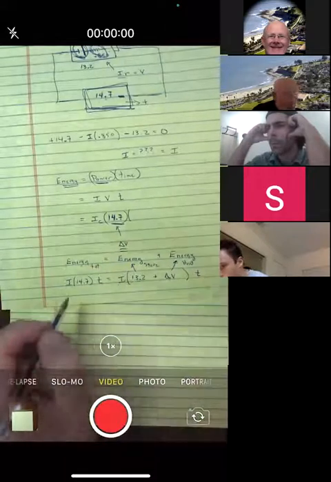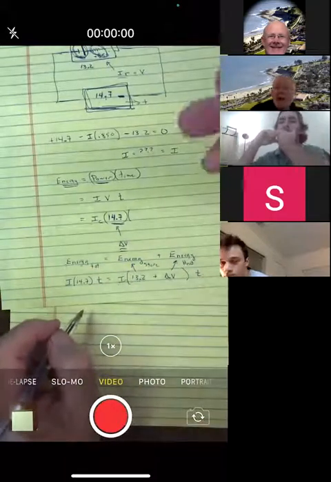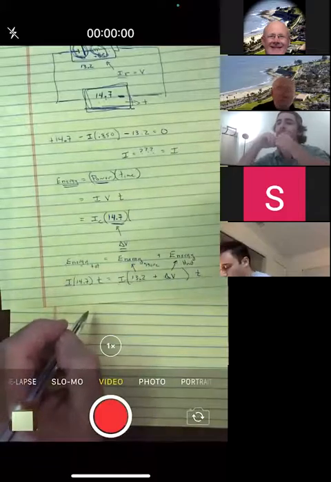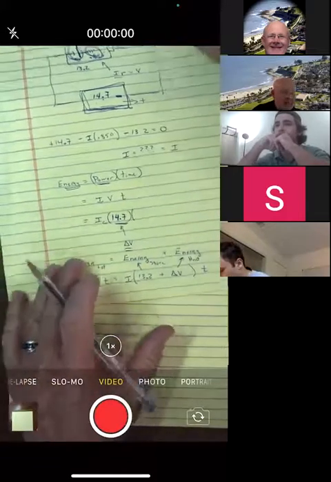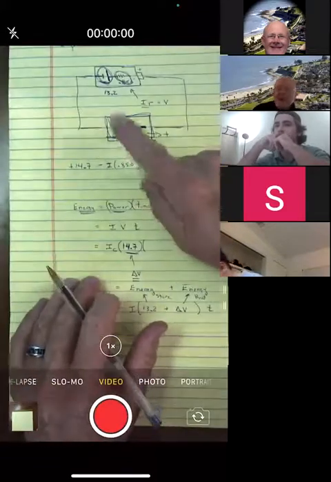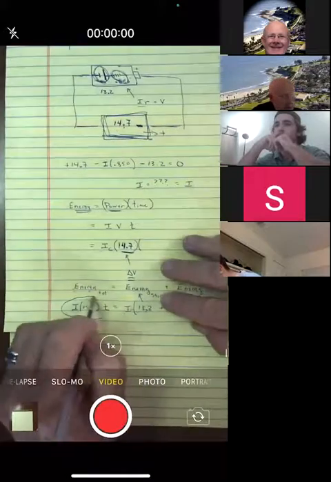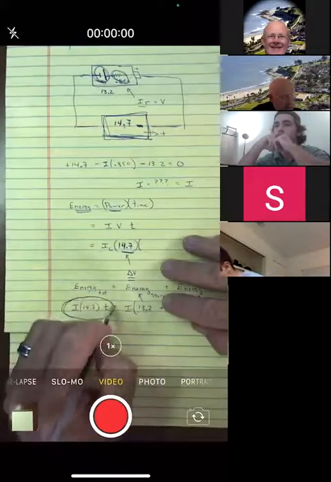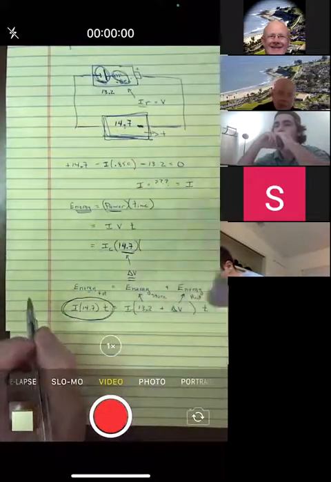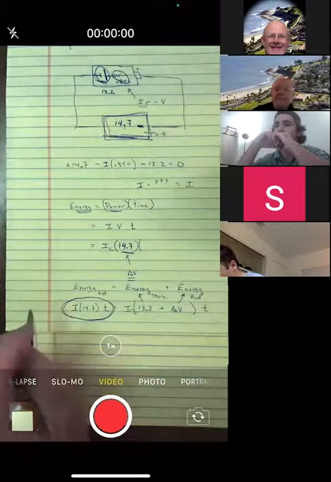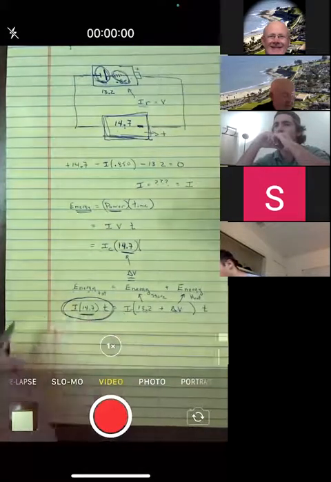So again, if you wanted to know the energy that the 14.7 is delivering, then you take its voltage.